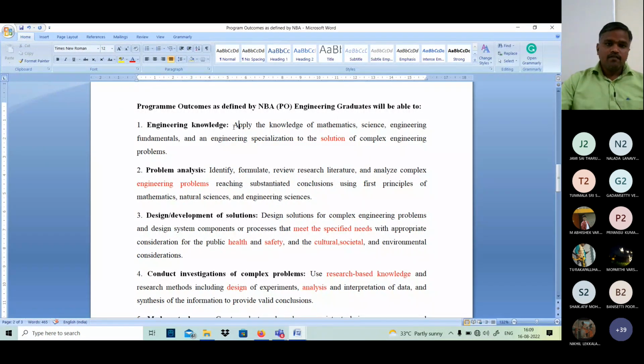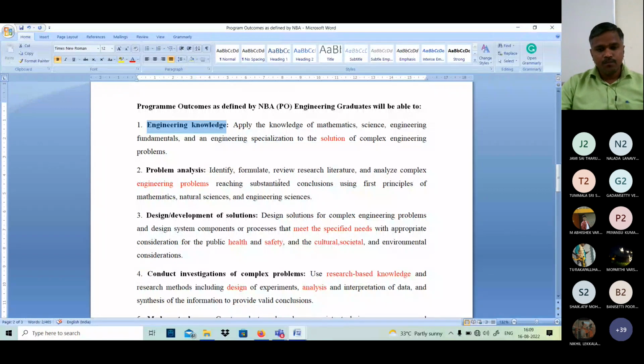programs. But whoever is studying in their program, that means computer science and engineering program, civil engineering program, like that. You people are studying the computer science and engineering program. So when you are getting the graduation from computer science and engineering, you will get the engineering knowledge in computer science.